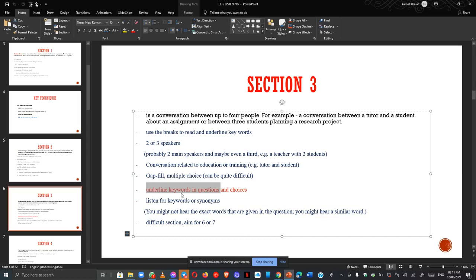I mean, using synonyms of the words you have on the exam paper, or paraphrasing. I mean, explaining the word in different words, in other words. So, this is very important. Let me read it here. You might not hear the exact words that are given in the question. You might hear a similar word.